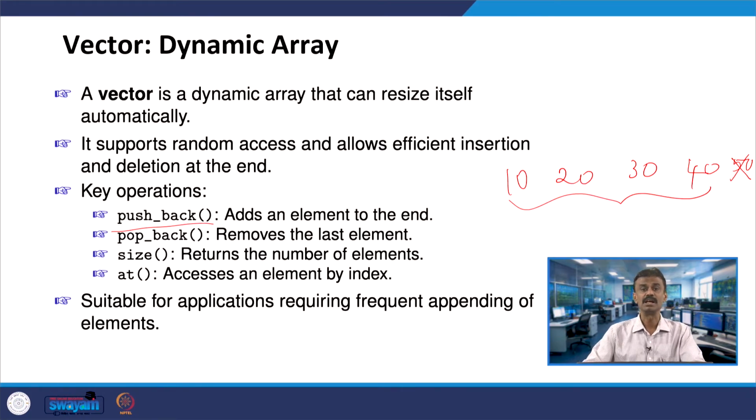And at is nothing but access of an element by index. The 0th index is 10, the first index is 20, and at of 3 is 40. So, when you want to access an element by index, you can do this. Suppose you are writing a program where you have to insert a lot of elements, in that case it is advisable to use the vector, which is the dynamic array.